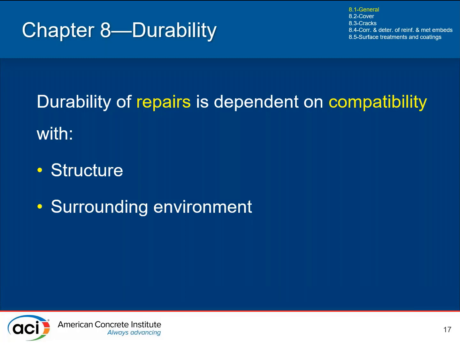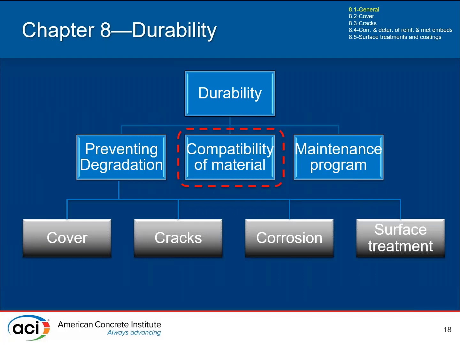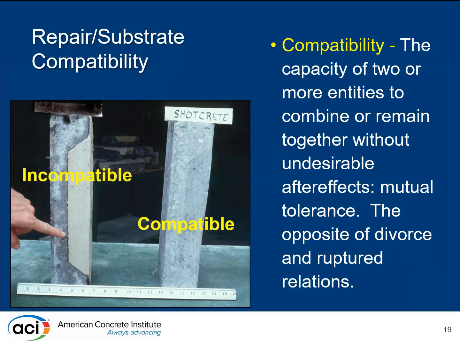So we do spend a lot of time talking about compatibility, and you need to consider compatibility in the code, ACI 562. This is a summary of how the chapter is laid out, but compatibility of materials is really front and center for a durability consideration.